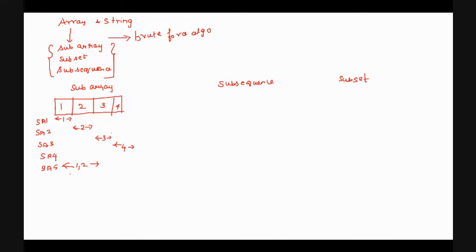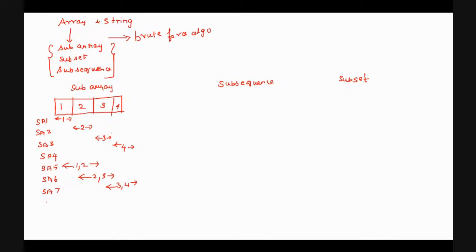The next subarray, subarray 6, will be 2, 3, and my next subarray 7 will be 3, 4. If you note properly, you can see that the elements are allocated contiguously in your subarray.